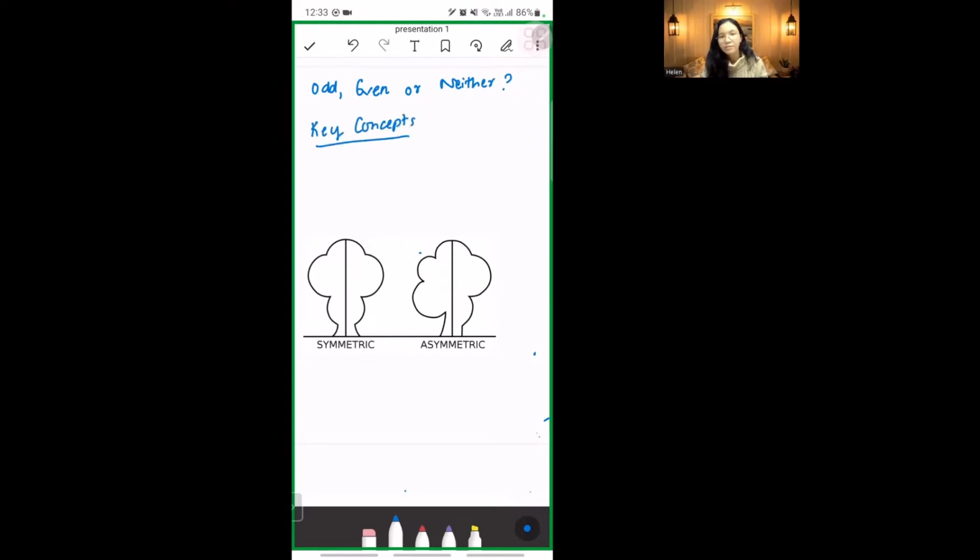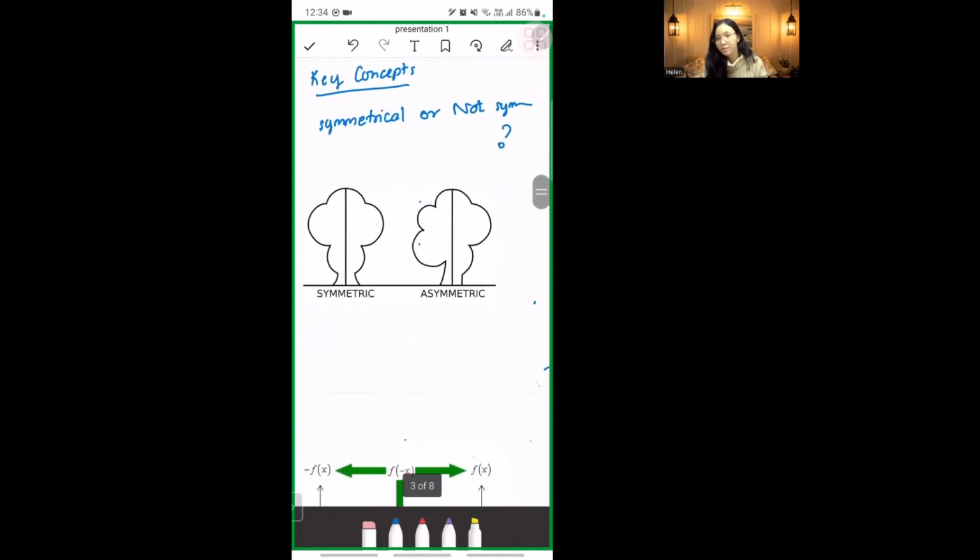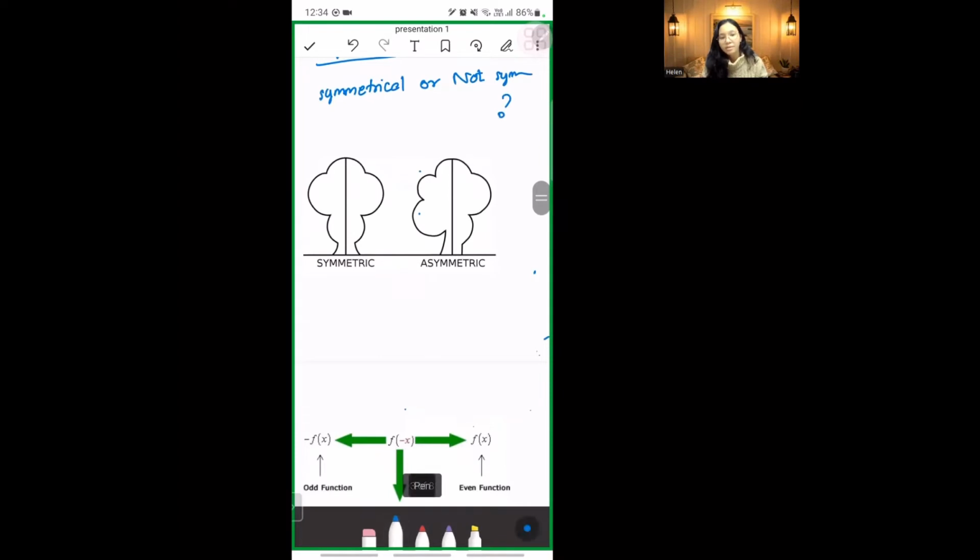First of all, we have to know the key concept here. We will have to find out if our function is symmetrical or not symmetrical. So what does it mean to be symmetrical or not symmetrical? Let's look at the figure here, and let's just say that these are two trees.